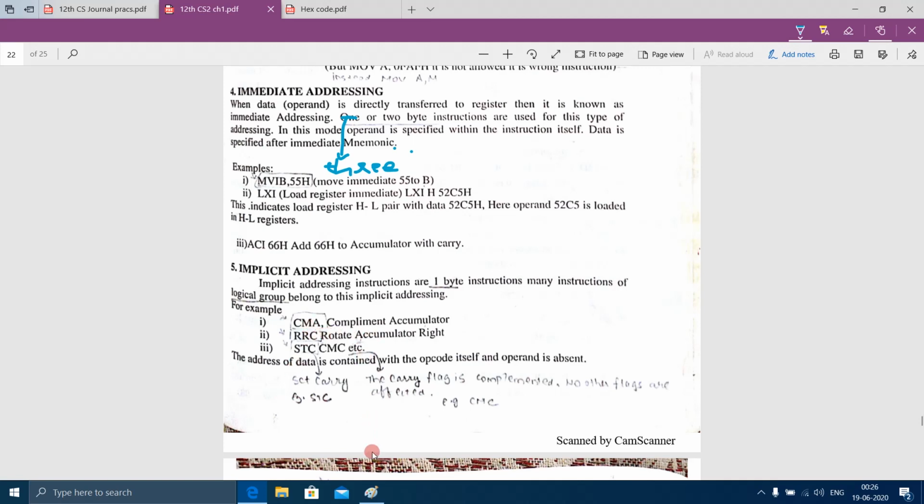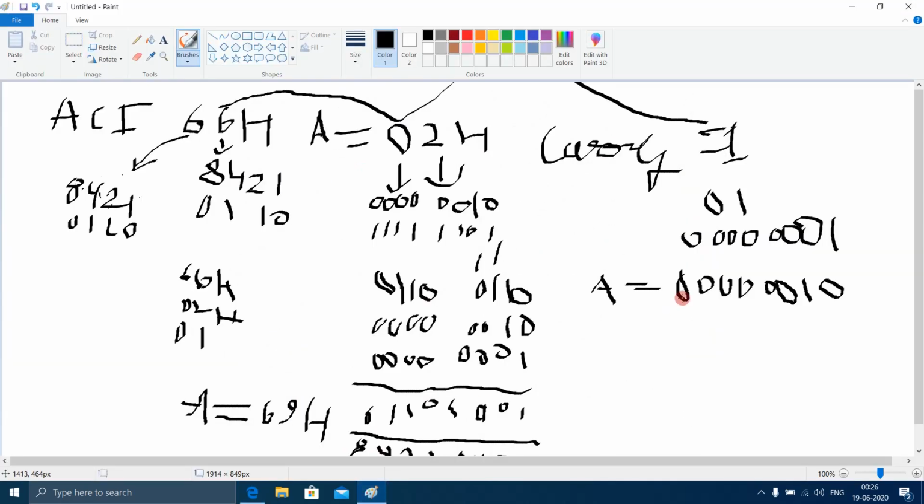RRC is rotate accumulator right. Rotate the contents of the accumulator to the right. So this will be copied here, 0. It will be moved to the right. This will be moved to the right, which is 1. This will be moved here, which is 0.